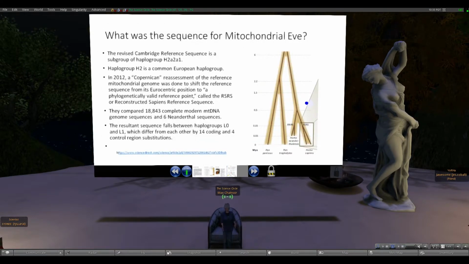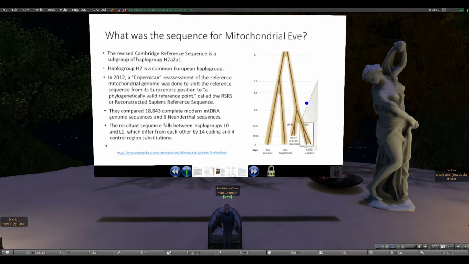Okay, so back to mitochondrial Eve. You may have already correctly inferred that the sequence of the Cambridge reference sequence is not the sequence of mitochondrial Eve. Mitochondrial Eve is also known as the matrilineal most recent common ancestor, or the MMRCA.